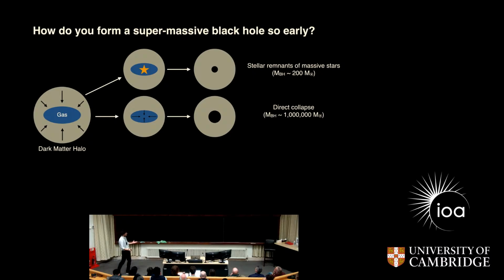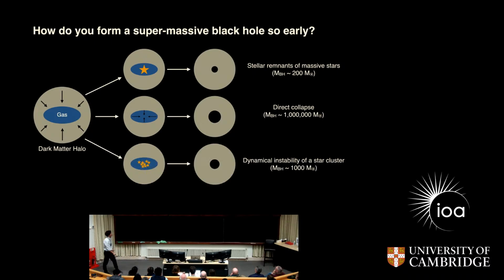There is the idea that you might have not enough pressure, so maybe the gas is really just contracting and forming directly a black hole. And in these scenarios, you can indeed form directly through a collapse 1 million solar mass black holes. And the other way is through dynamical instability of star clusters, where you basically form stars, but they have somehow an instability and there's a runaway collision and you form black holes, probably of the mass of a few thousand solar masses.